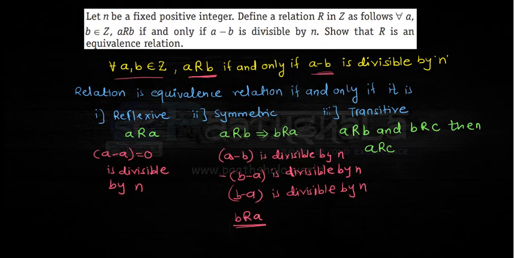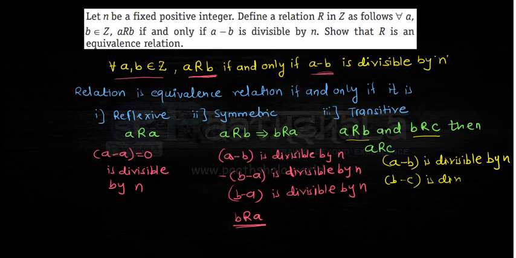Now let's see the transitive relation. In a transitive relation, a is related to b and b is related to c, then we have to show a is also related to c. So we can see a minus b is divisible by n, and b minus c, that is b related to c, that is b minus c is divisible by n.